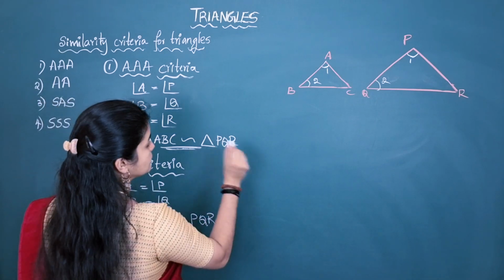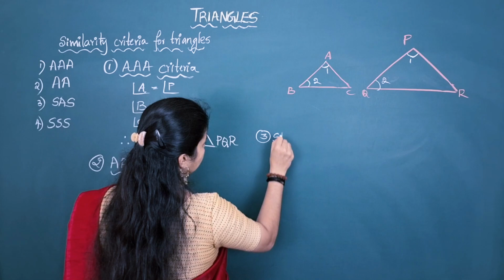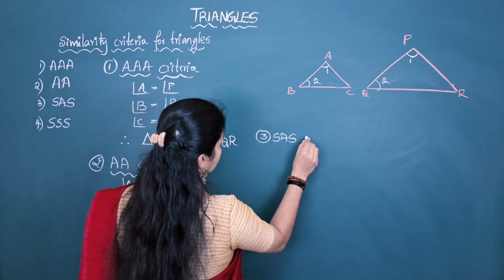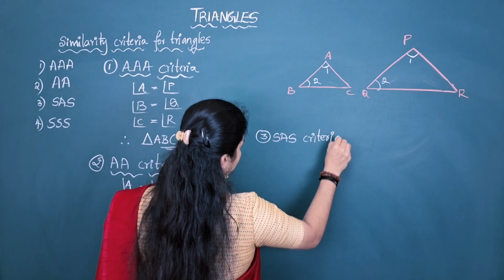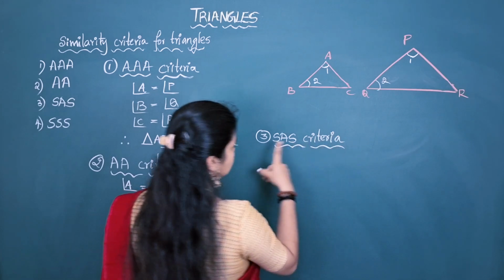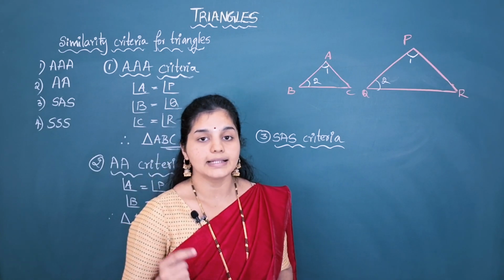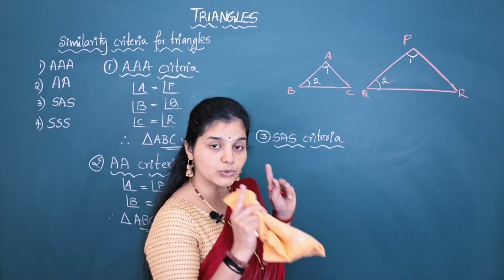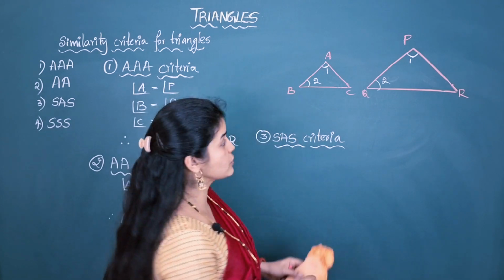Now coming to the third criteria, that is side angle side criteria. So now you can see side angle and side. So side angle side means any two sides and the angle including those sides.